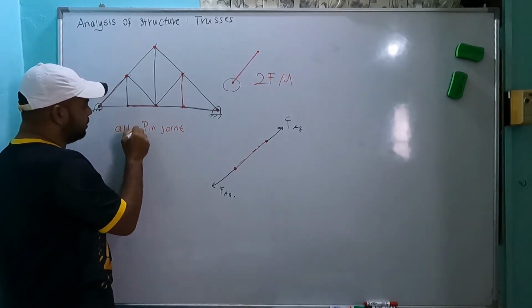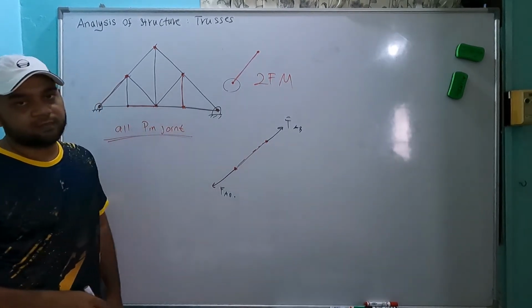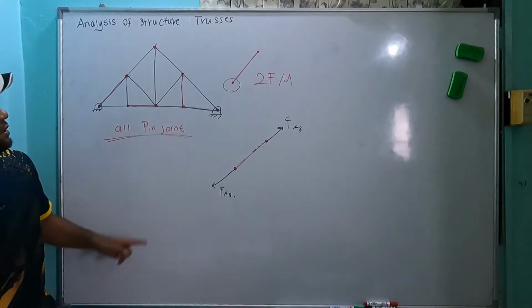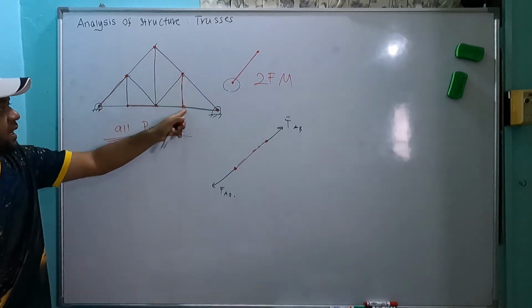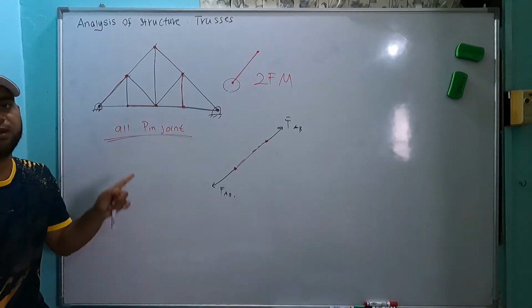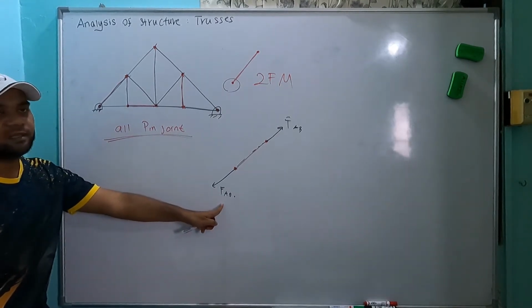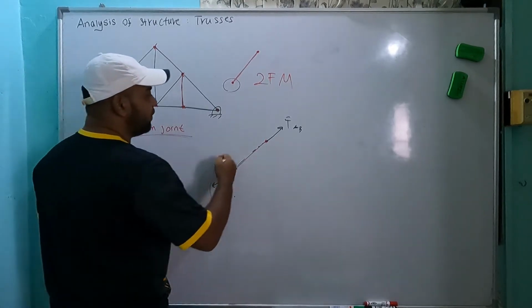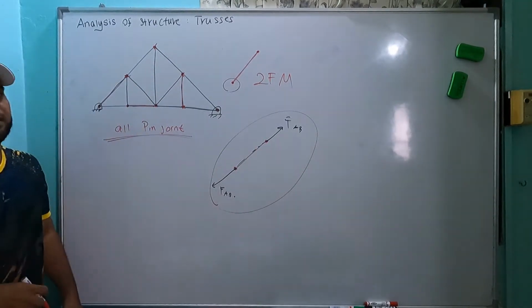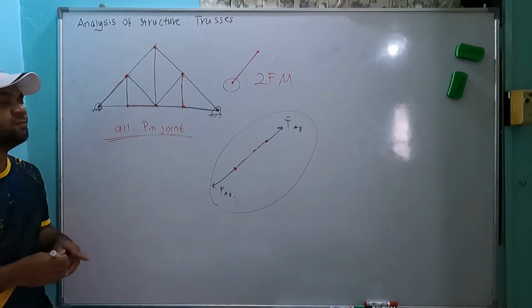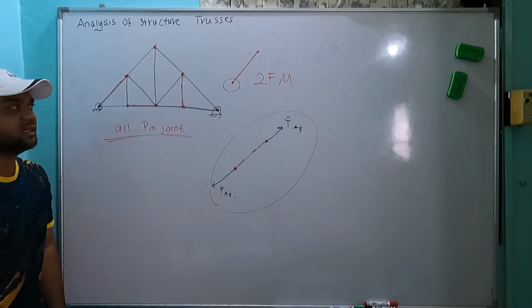Okay, all pin joints. All joints at the end of each part are pin joints, meaning that there is no moment. All the forces act on a two force member without any moment. We consider all as pin joints in the trusses.